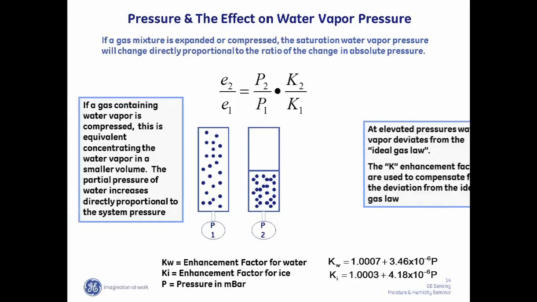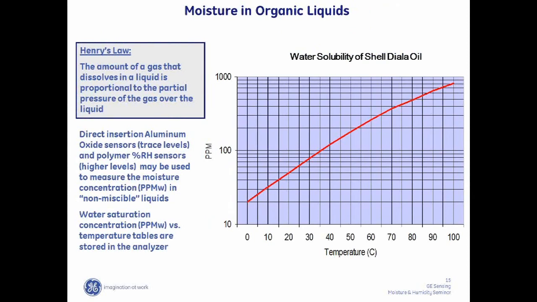And these liquids have a degree of solubility per a fundamental relationship called Henry's law. The amount of gas that dissolves in the liquid is directly proportional to the partial pressure over it. So by programming this data into our analyzer, we can directly insert our sensor in the liquid and determine the mass ratio, the mass of water to the mass of the carrier liquid, and it becomes a very convenient system for making that measurement.